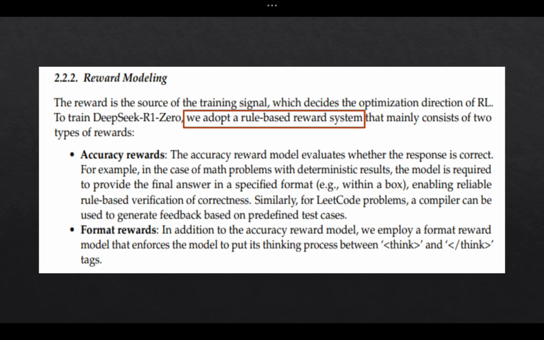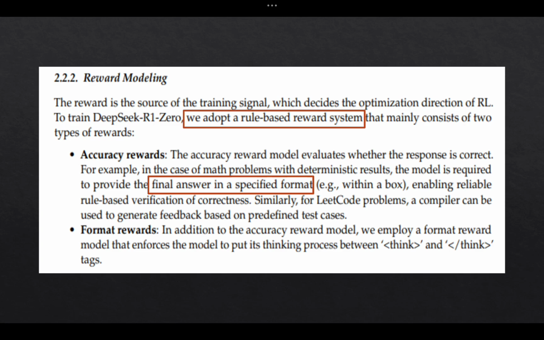This rule-driven reward system consists of two types of reward. One of them is accuracy rewards for deterministic results, where we need deterministic results like a mathematical problem. It will only give higher rewards when the final answer is in a specified format or is a correct answer, right?